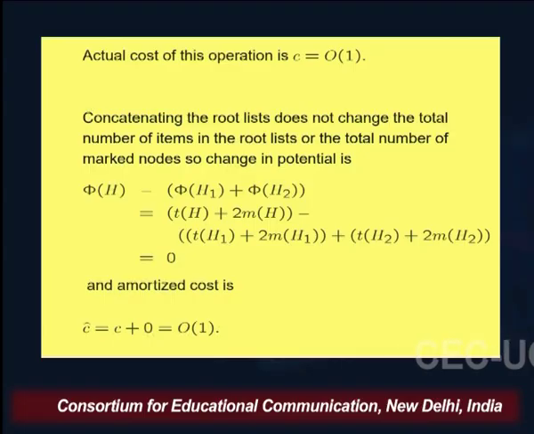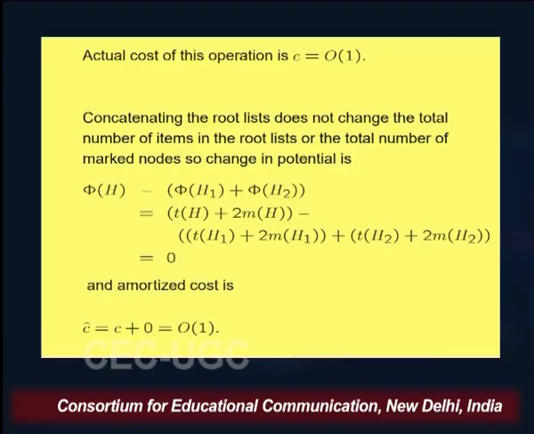So, the amortized cost C hat is equal to the actual cost, which is order 1, and that is the cost incurred in uniting, or concatenating, the two circular doubly linked lists, and then there is the change in potential, and as we have seen, there is no change in potential. So, the amortized cost is going to be order 1, which is equal to the actual cost of this operation.